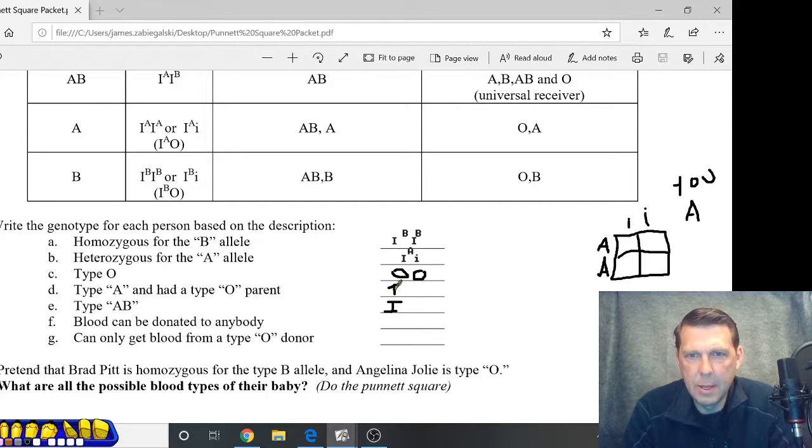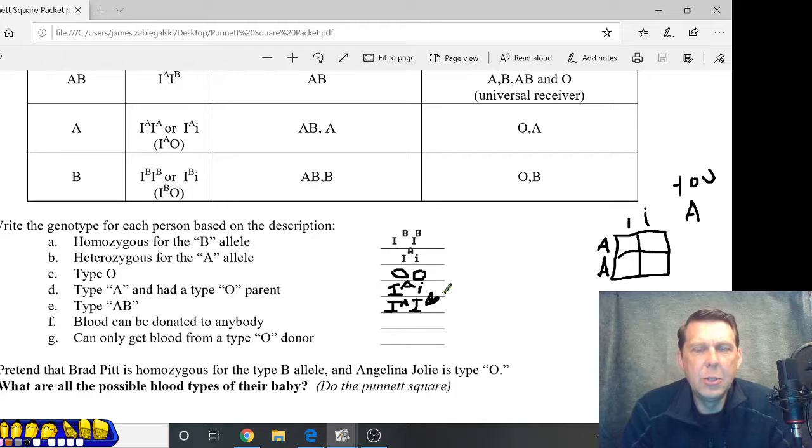Concentrating now, not on my typing. There we go. The only way to be AB is to be A, B. That's a B.